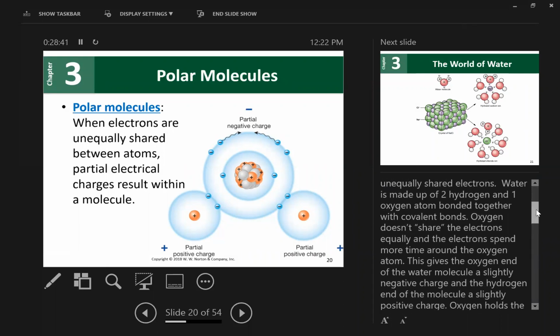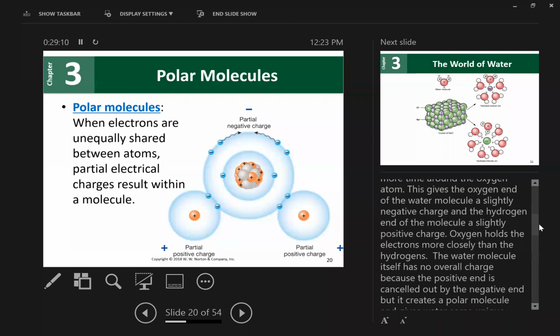Water is made up of 2 hydrogen and 1 oxygen atom held together with those covalent bonds. Oxygen doesn't share the electrons equally, and the electrons spend more time around the oxygen atom. This gives the oxygen end of the water molecule a slightly negative charge, and the hydrogen end of the molecule a slightly positive charge.